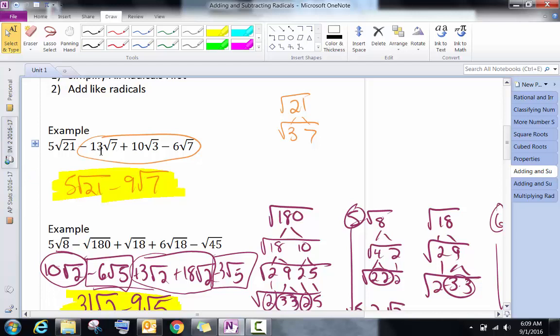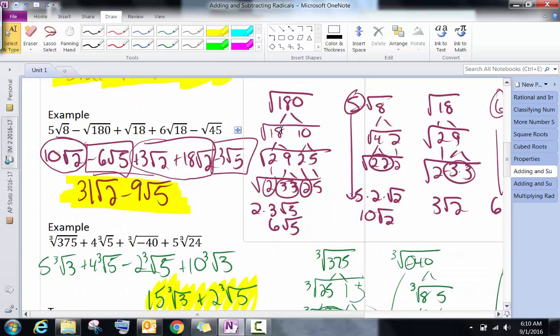Then negative 13 root 7 and negative 6 root 7, we can combine those to get negative 17 root 7. But we don't have anything for the root 3, so 10 root 3. So we have 3 terms because we had 3 different square roots. And that's okay.